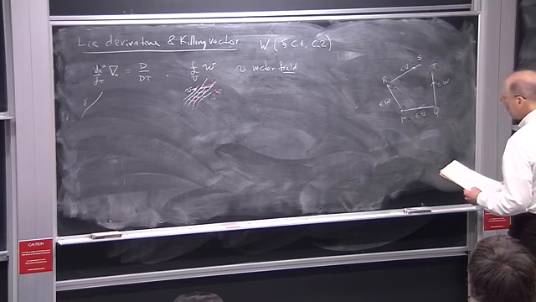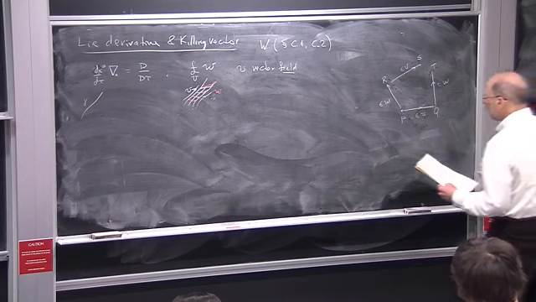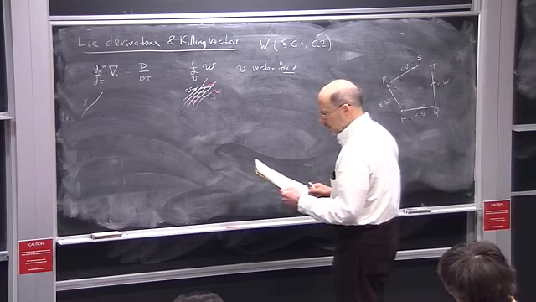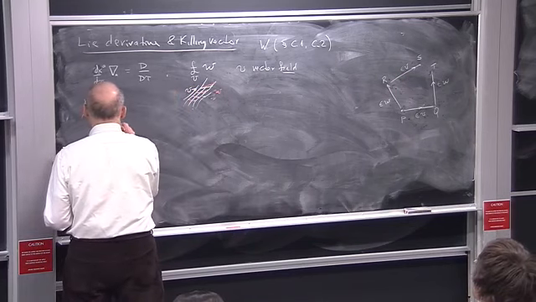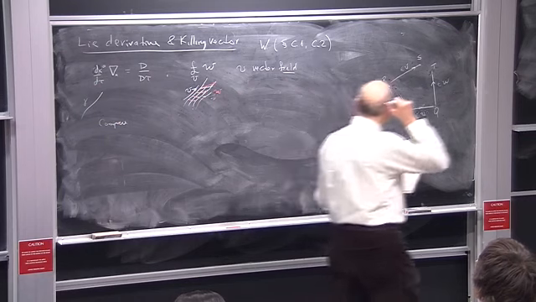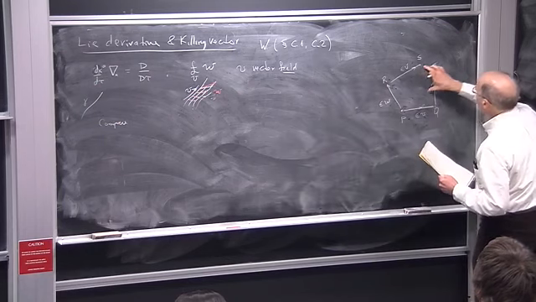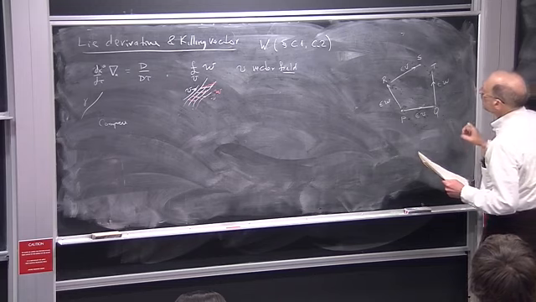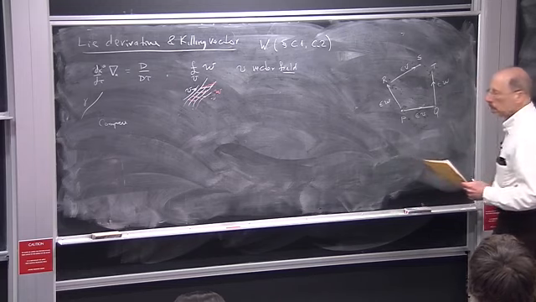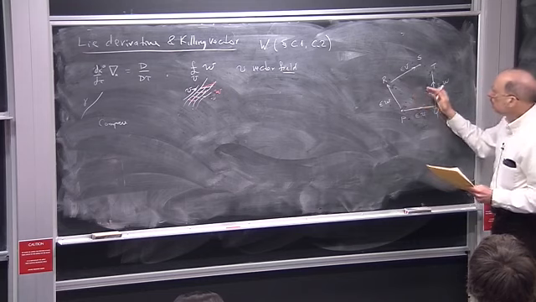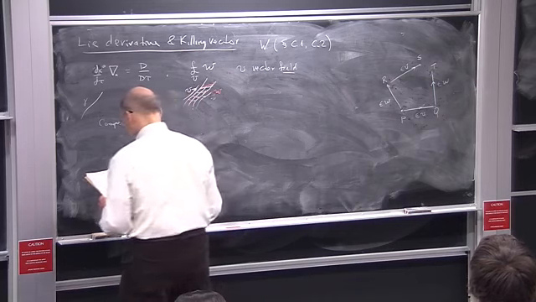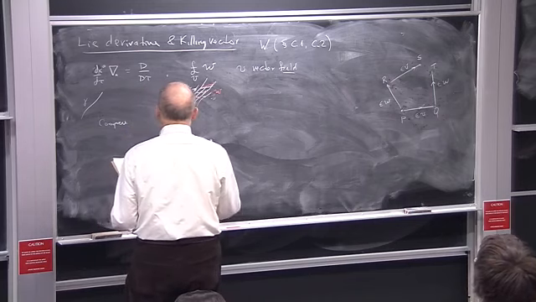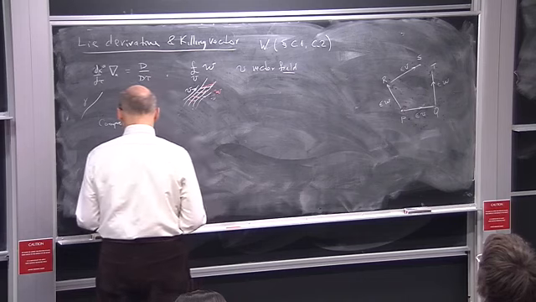In this case, I think I'm going to do it the other way around. So what we want to do is compare this. I think what I'll actually do is, instead of pulling this one back, we'll push this one forward to first order. That's the same effect, and compare them at Q rather than comparing them at P. The difference between those two things is a higher order thing, so it won't affect the definition of the Lie derivative.